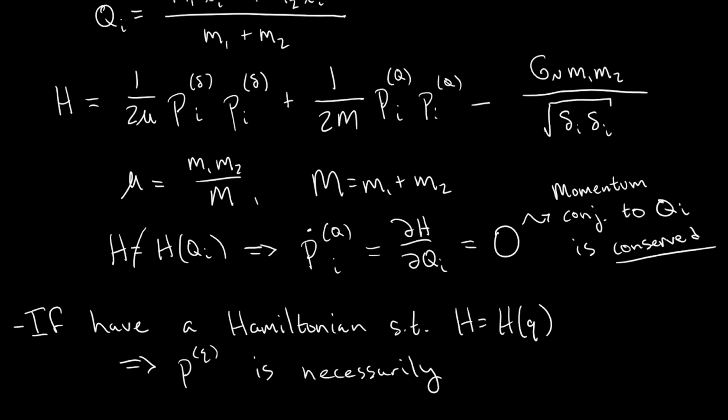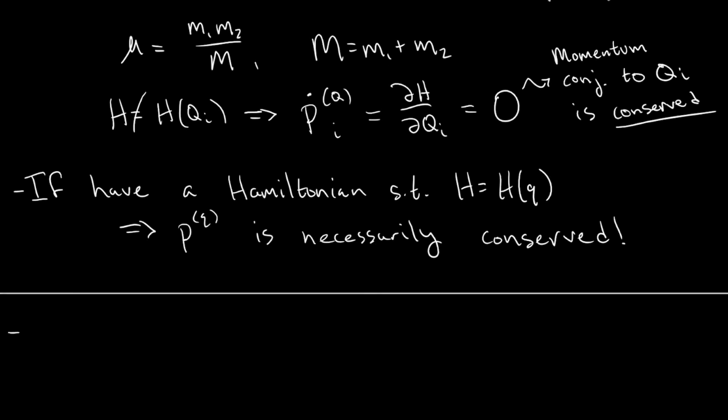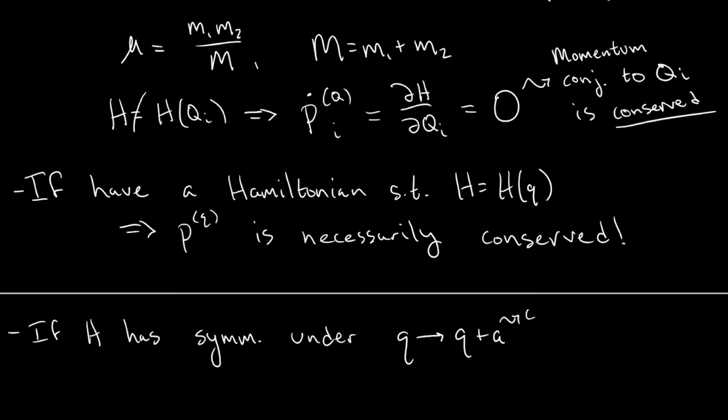Oh, geez, I had to have spelled that wrong. This is very cool. This is sort of a big deal, because now we can just immediately look at our Hamiltonian and know if we have conservation rules. And of course, we can rephrase this in terms of symmetry, where we can say instead, alternatively, if H has a symmetry under Q going to Q plus A, where this is a constant.